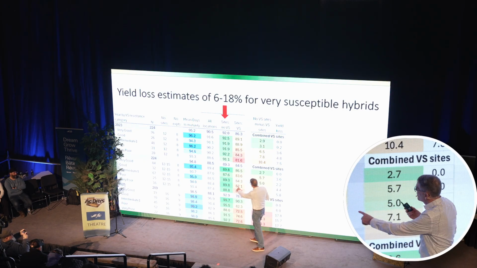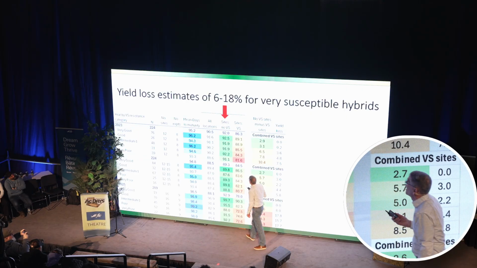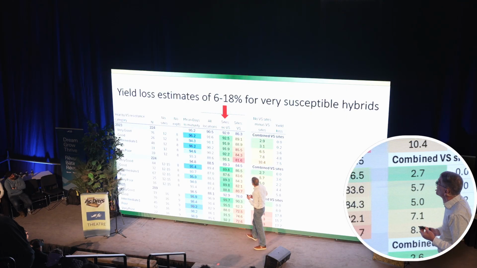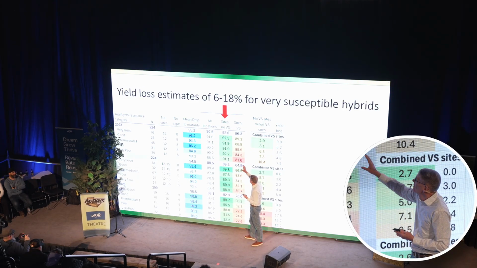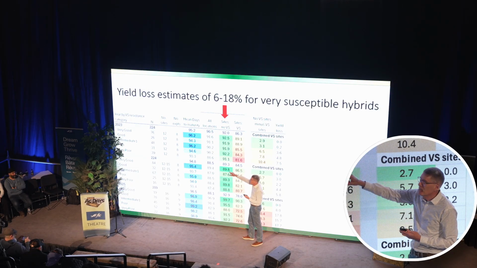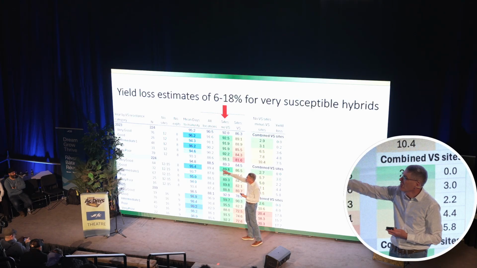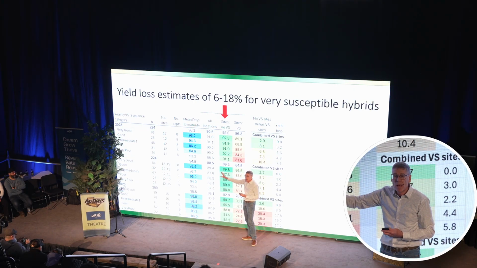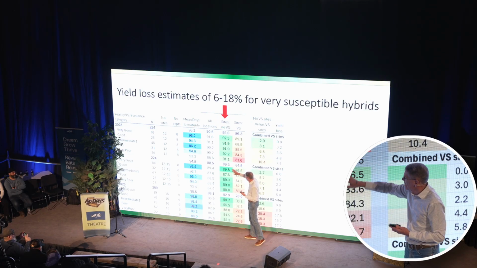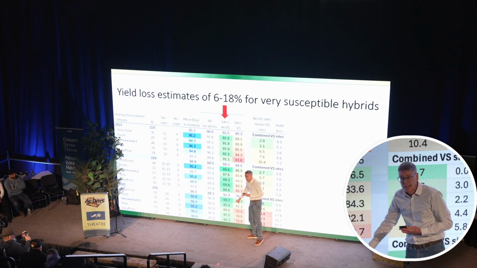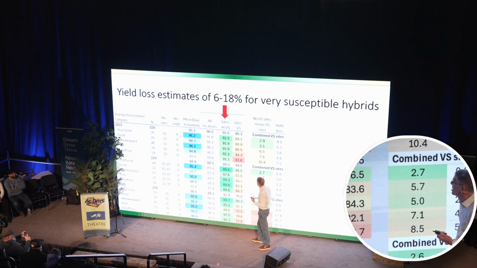And so if we first of all look at this one here, the yields look pretty similar at the sites where there was no verticillium. That makes sense because if verticillium is not at this site, then all these disease ratings over here don't matter. It doesn't make any sense. And so they're all pretty similar. A little bit noisier down here, but not to be concerned, I don't think.